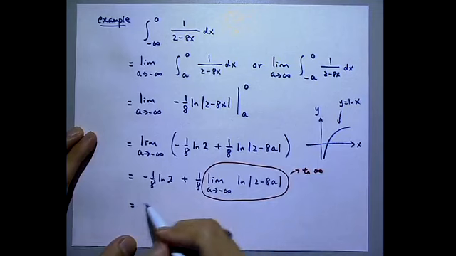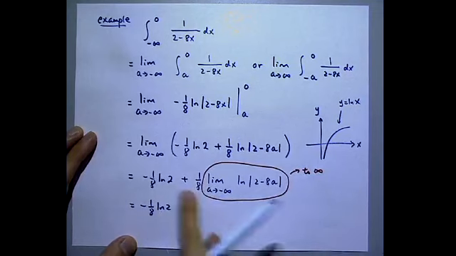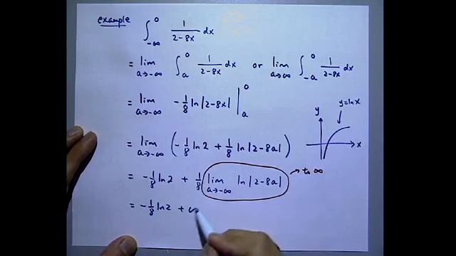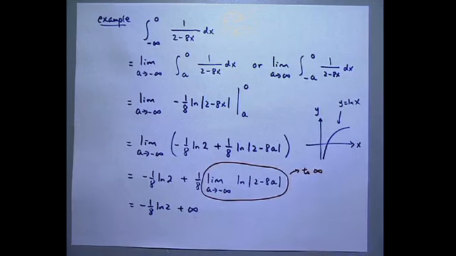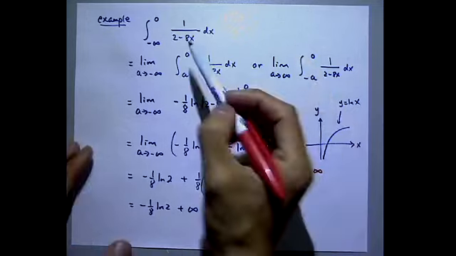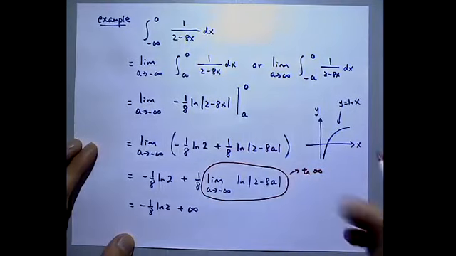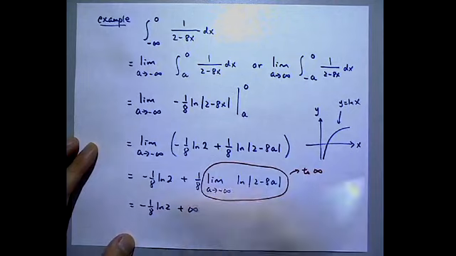So we get negative 1 over 8, natural log of 2, and that's a constant, and this goes to infinity. If we interpret this in terms of area, this means that the area under this curve is infinite. It gets bigger and bigger and bigger the more we move to minus infinity.